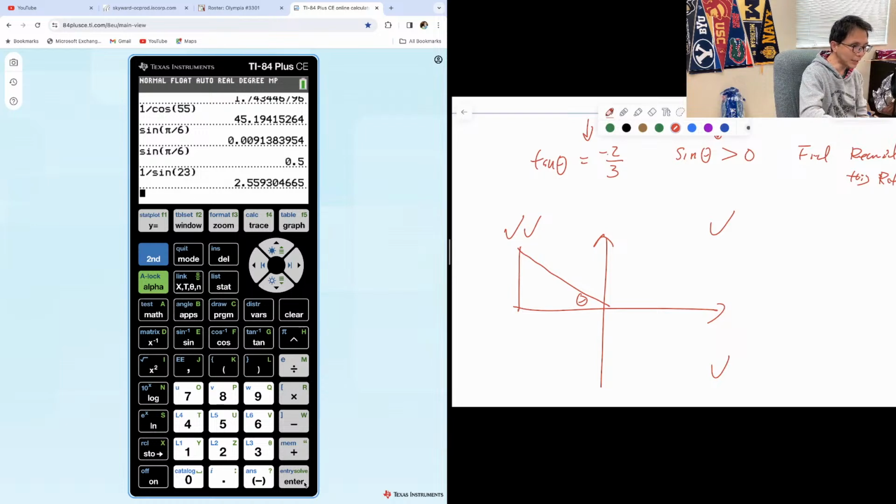Well, this is -2, 3. Which one's -2? The x or y? X. Negative what? This is -2 or -3? It's actually -3. Because it's what? Y over x.